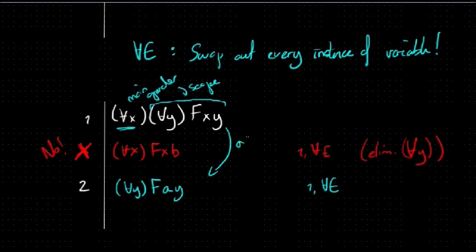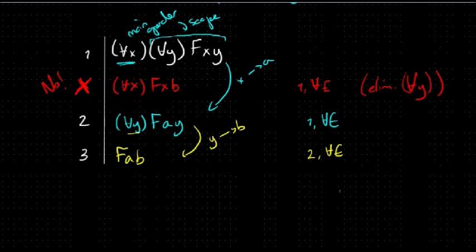This down to here is X goes to A. And then of course, on line 3 we can get rid of our Y if we want to do another universal elimination. Then we can do that and receive F A B. Here every Y goes to a B. Okay, so there's just something to bear in mind.